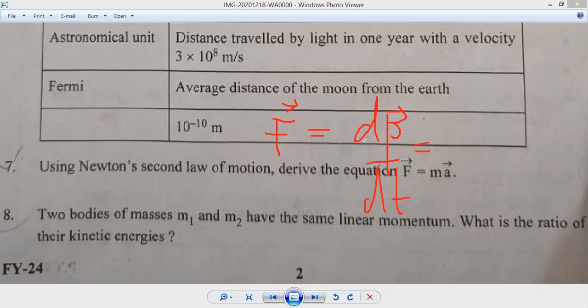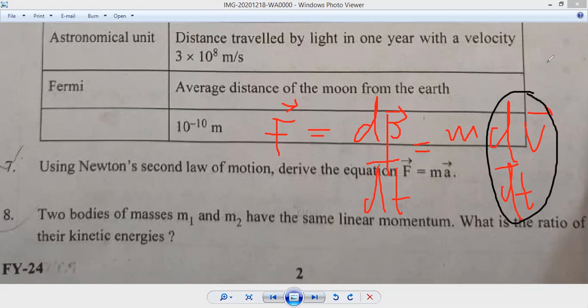Momentum is the product of mass and velocity. If the mass of the system is constant, then we can take the mass out of this derivative and we have m dv by dt. Now dv by dt is nothing but the acceleration of the body. So it's straightforward now that F is equal to ma. Hence we derive the equation F is equal to ma from Newton's second law of motion.